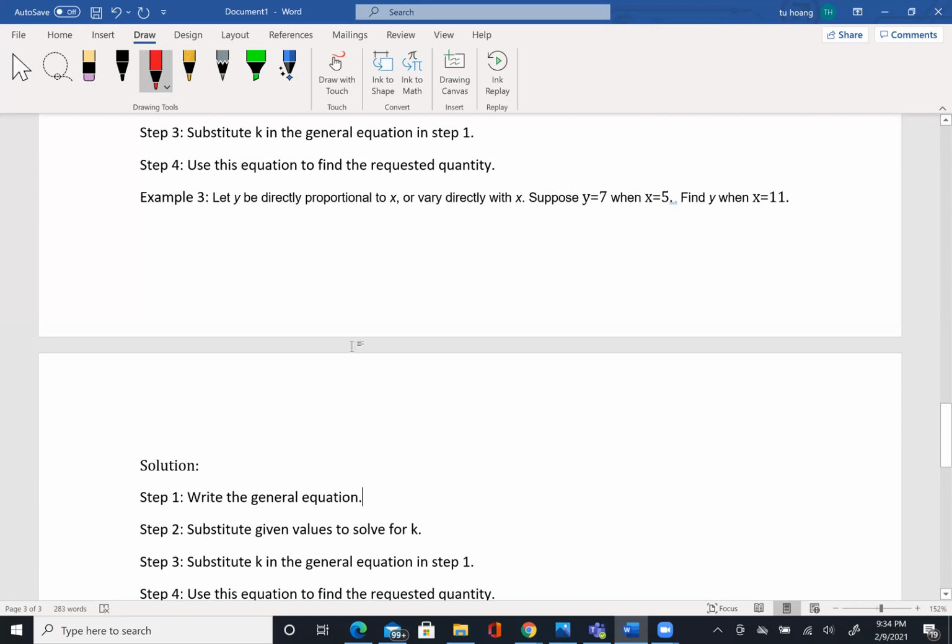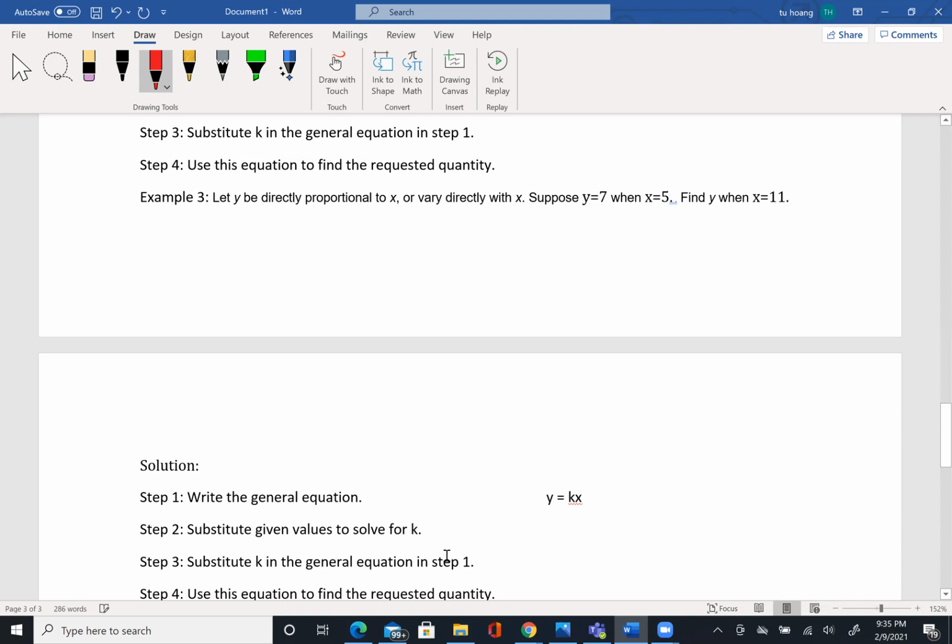Because y is directly proportional to x, I can write y equal to kx.